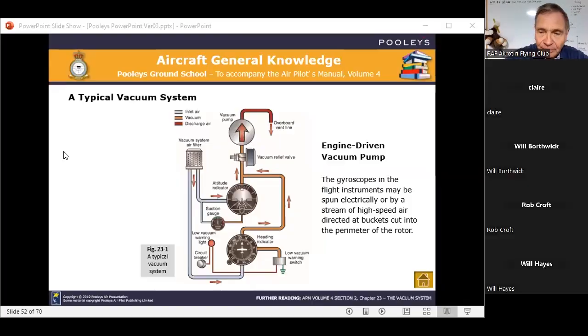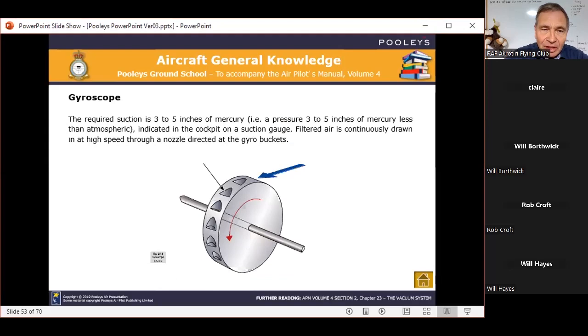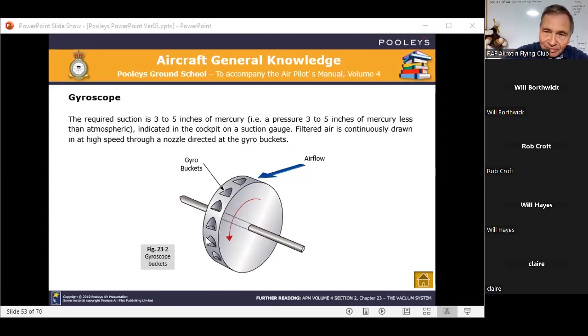And the way these things work is that inside each instrument, the air hits this disc, and this disc has little buckets in it, and the air hits these buckets and causes it to spin.